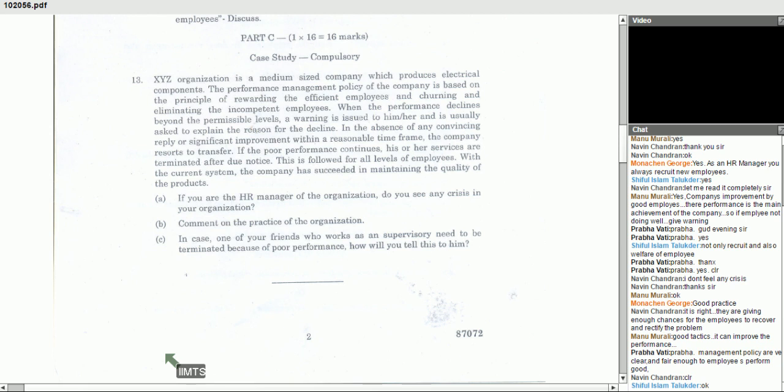Now, some of your friends are also in that organization, but he came to know that his performance is not good, and the organization is planning to fire him or remove him. How will you go and tell it to your friend? Or will you not tell? Or will you ask someone else to tell him?